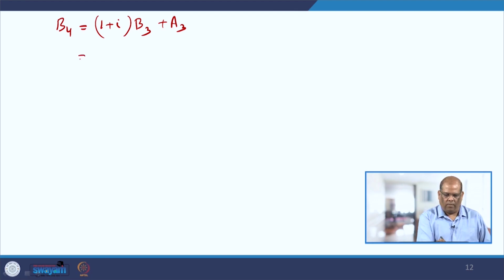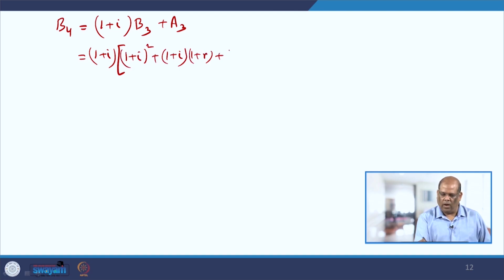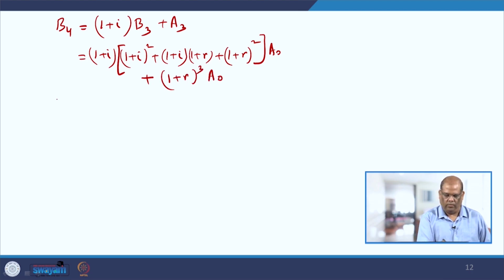And this can be written as (1 + i) times B3, which is (1 + i)² + (1 + i)(1 + r) + (1 + r)², multiplied by A0, plus A3, which is going to be (1 + r)³ into A0.